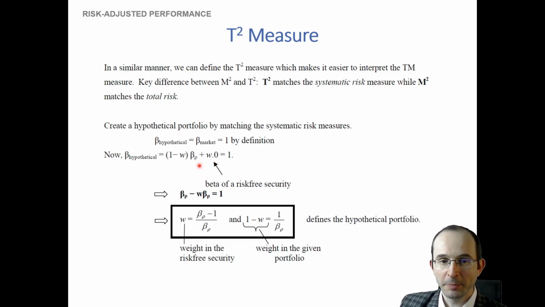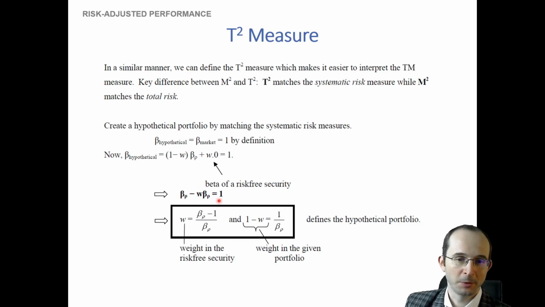And we want to pick W such that the beta is 1. If we distribute beta p into 1 minus W, we get beta p minus W times beta p, and that's equal to 1.